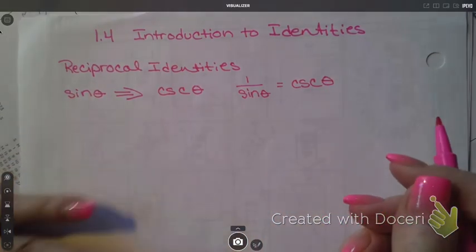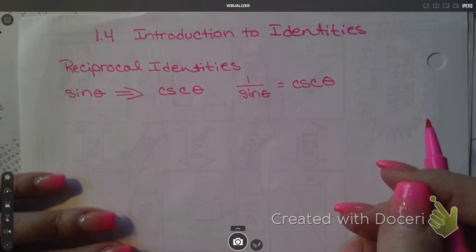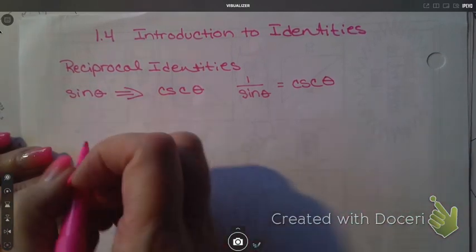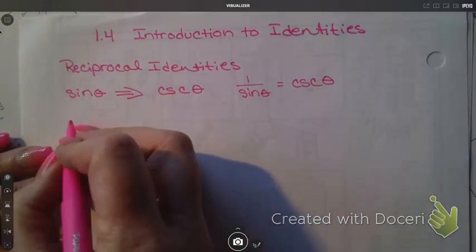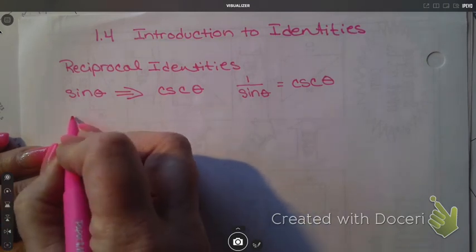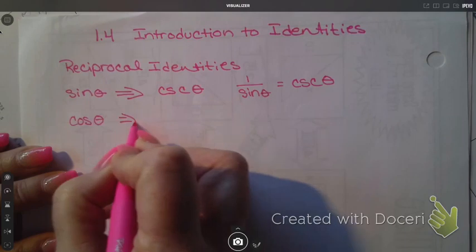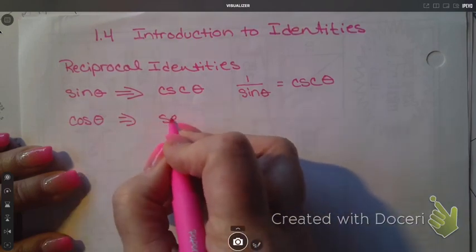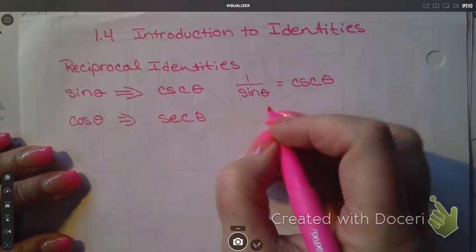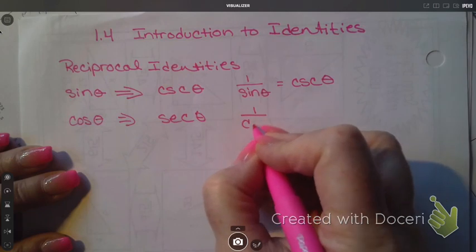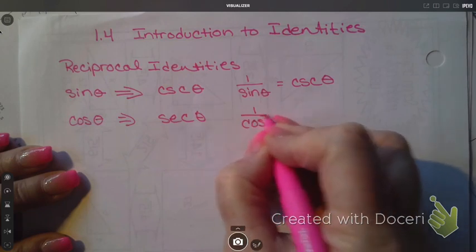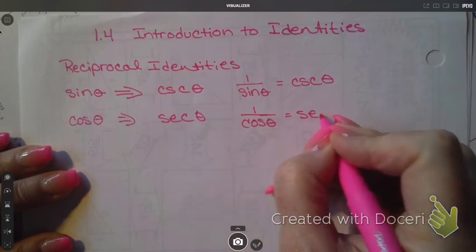Well, you already knew that, didn't you? Okay. We also know that the reciprocal of cosine is secant. So that means 1 over cosine equals secant.